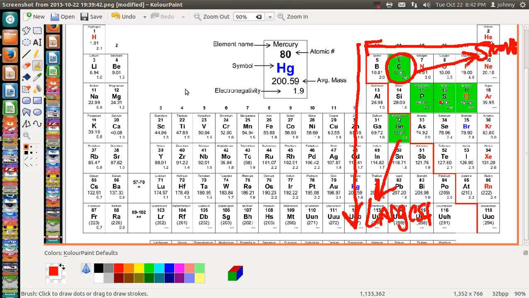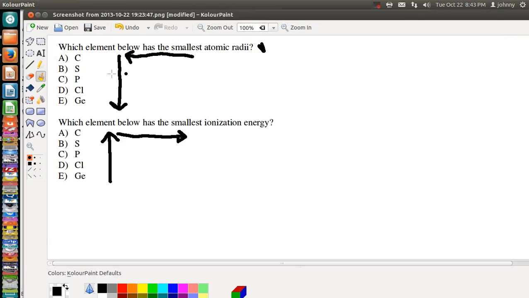So if you want to think about it like this, between all of these, CL is smaller than S and smaller than P, and it is smaller than GE, but it's not smaller than C because it's further down. So CL itself is the smallest. So our smallest radii would be carbon on this one.